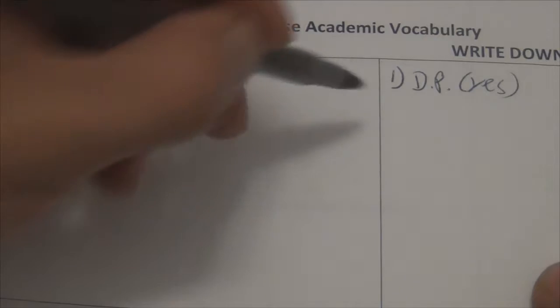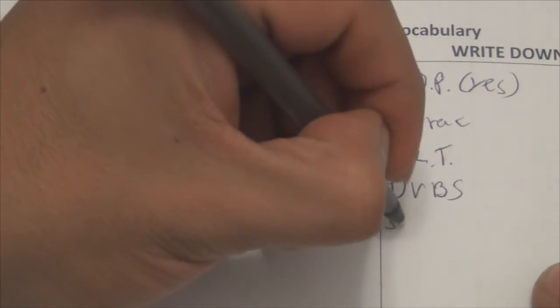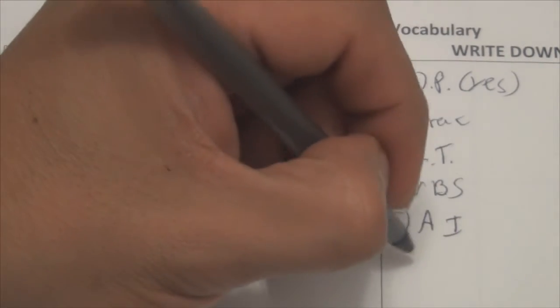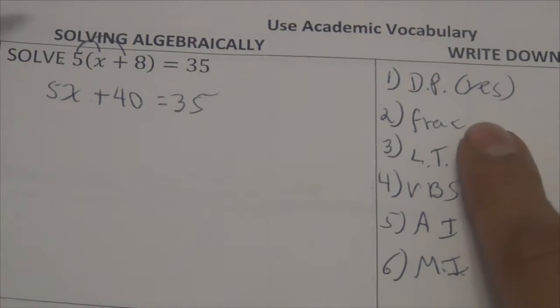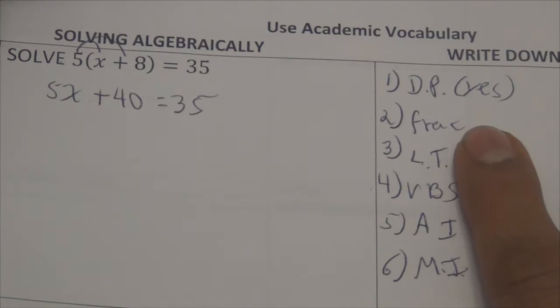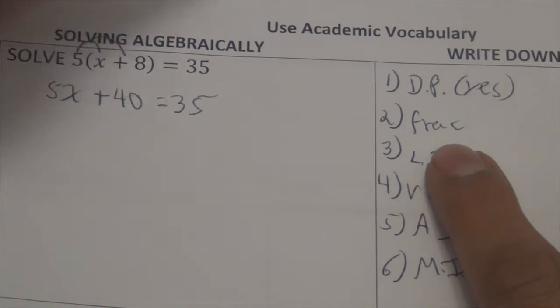equaling 35. Second rule, you know what, I'm just going to write them over here. All right, so these are the rules. So let's see now. Fractions, nope.